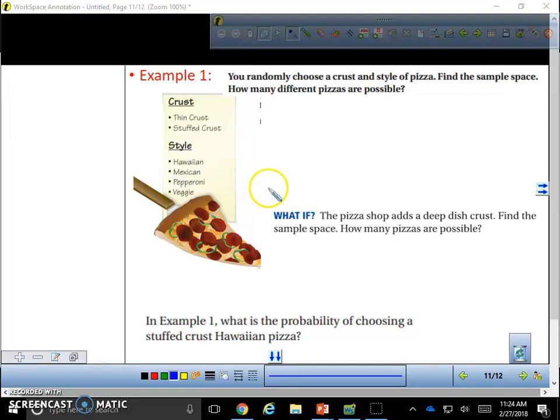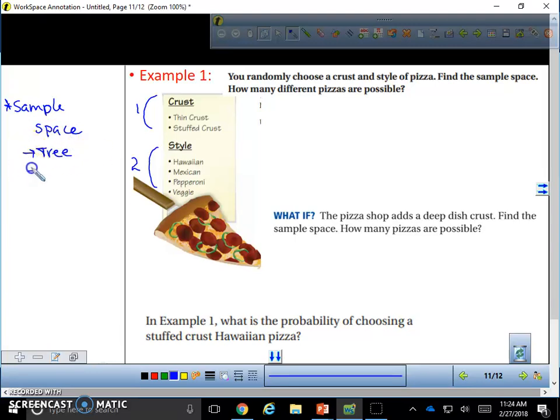Our first event, remember, compound probability is made out of events. The first event is crust. The second event is style. So first event, finding the sample space. You can use a tree diagram, or you can just list. I'm going to use a tree.